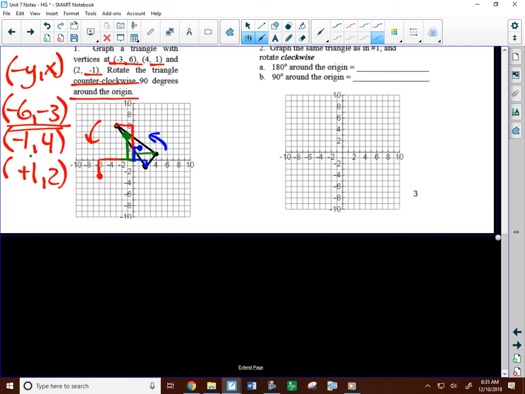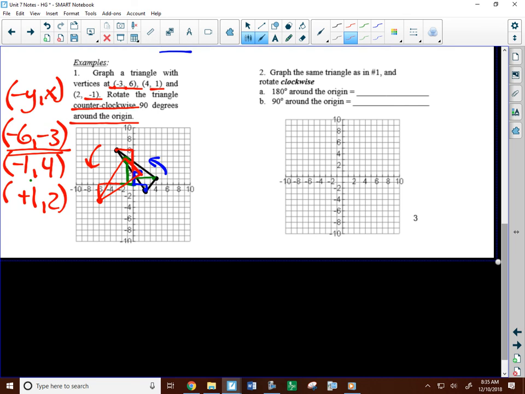Because I drew in all the lines, it can be a little confusing. But without the lines here, it would be this one right there. I like the graphical one. It doesn't require me to memorize the formula, but if you like the formula, that's fine. Thoughts on that one?